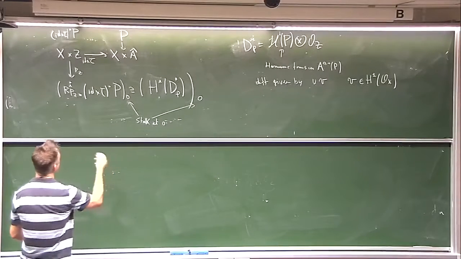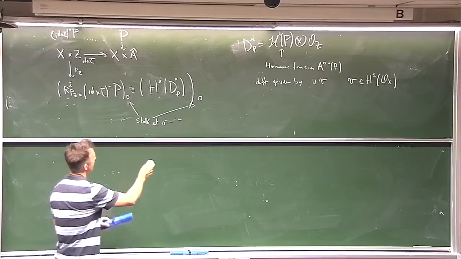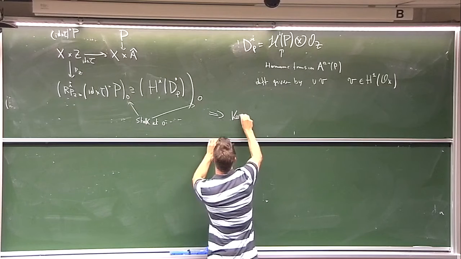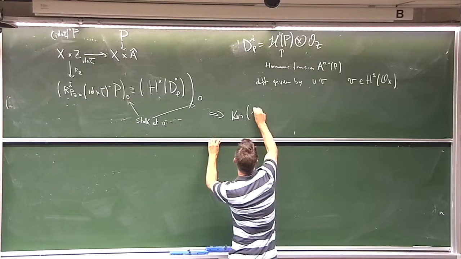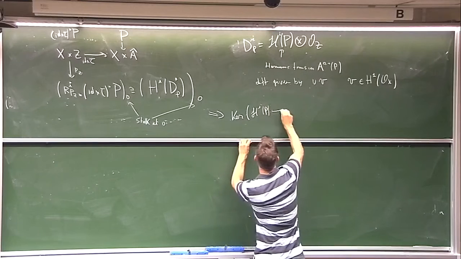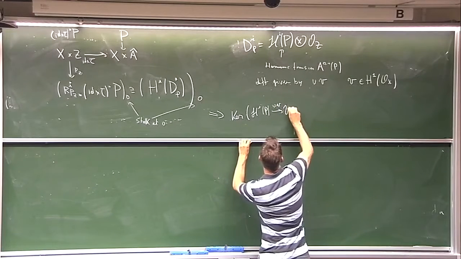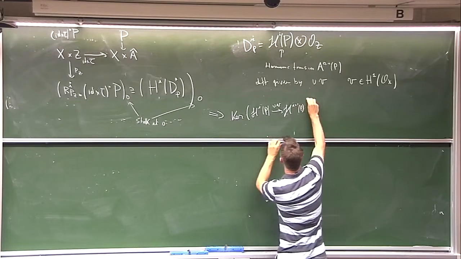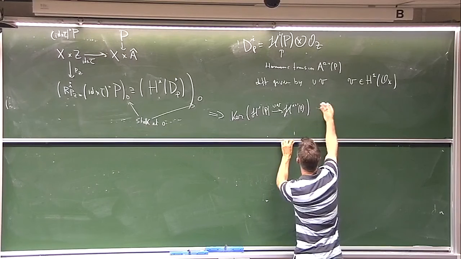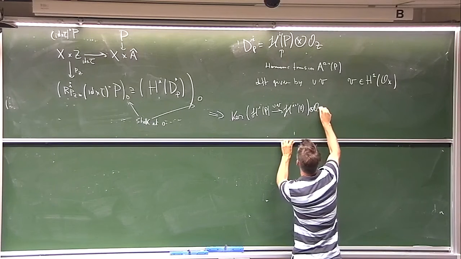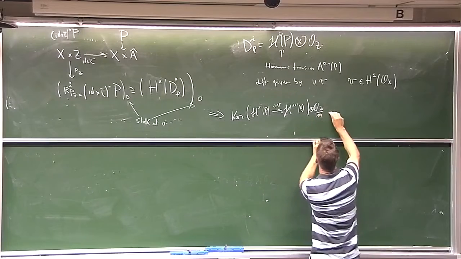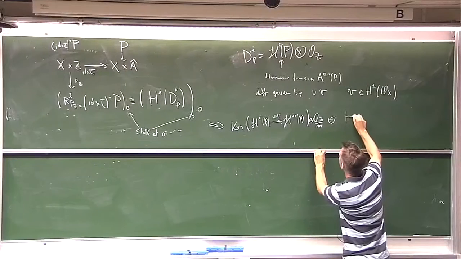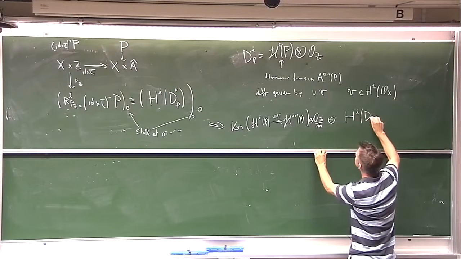So then what you get here is the kernel of H^i(P) to H^{i+1}(P), cup V. So this you should think of as tensored with O_Z modulo the maximal ideal, direct sum the actual cohomology of the P dot.